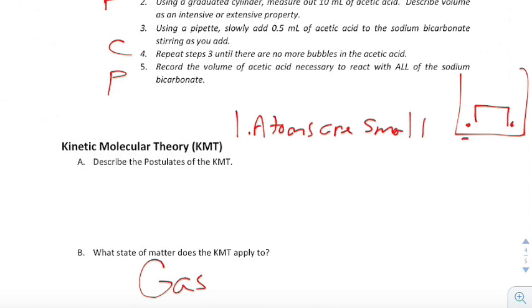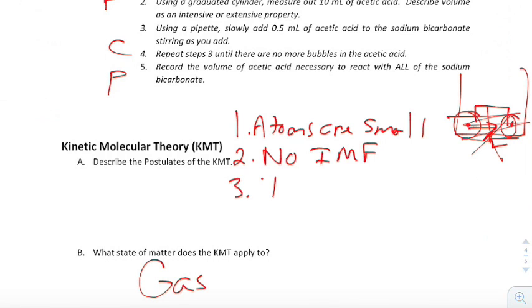So atoms are small. There are no IMFs. An IMF stands for an intermolecular force. In other words, this atom right here is not attracted or repelled from that atom in any way, shape, or form. So there's no attraction, there's no repulsion. Next, the temperature is proportional to the kinetic energy.